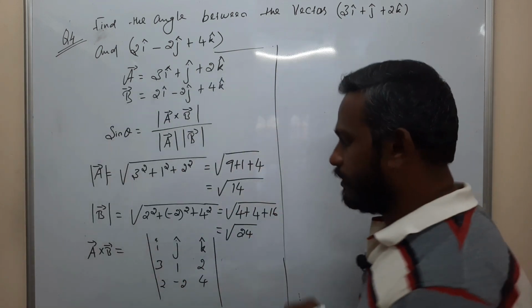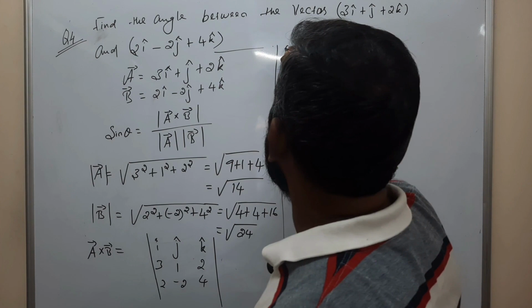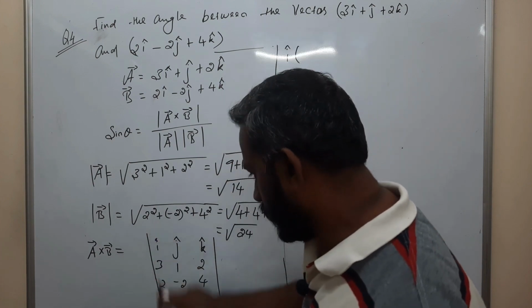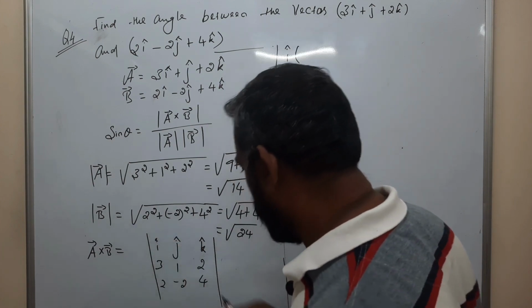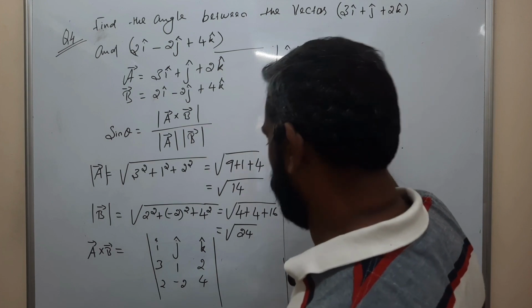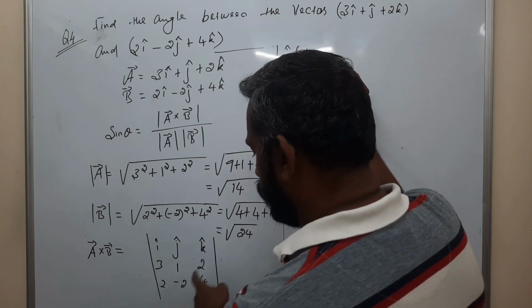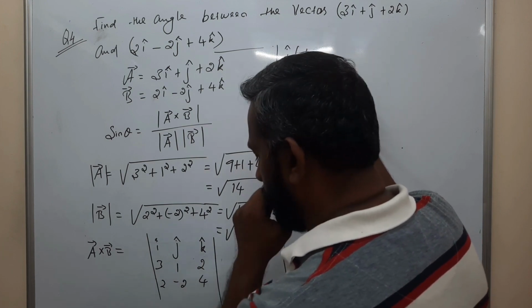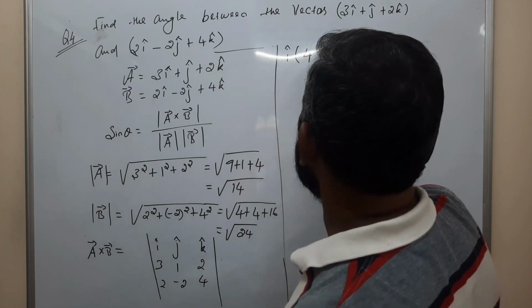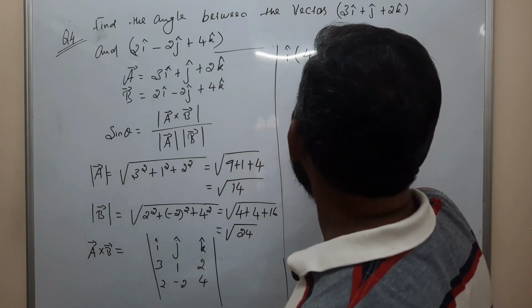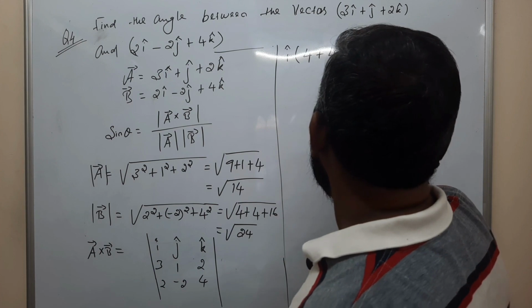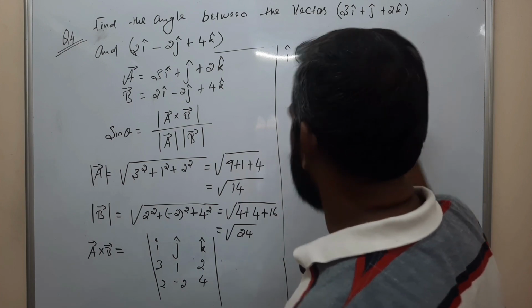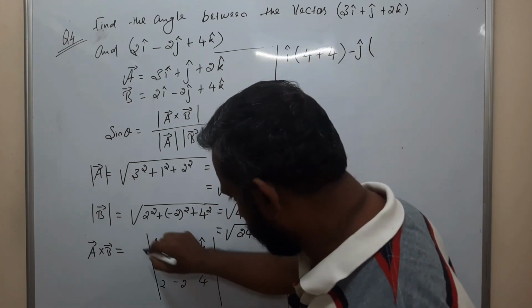So expand the determinant: i cap into, cut this column, this row, so 1 into 4, 4, 2 into minus 2, minus 4, minus into minus, plus 4, minus j cap.